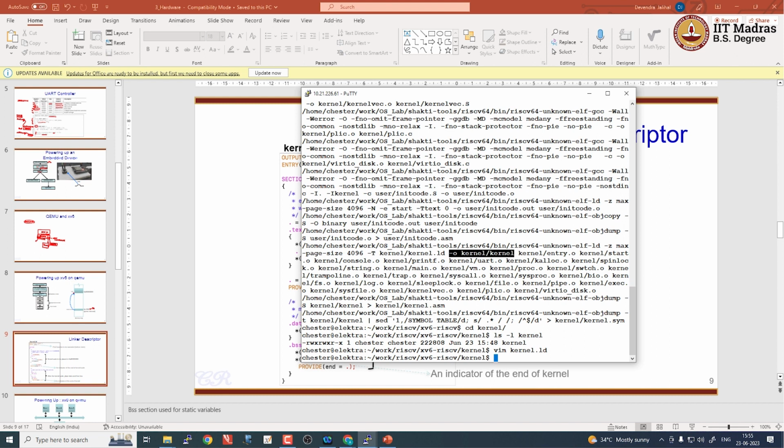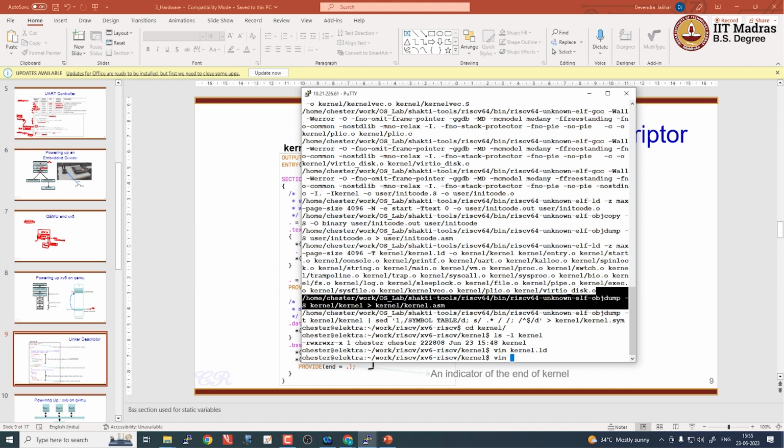The final kernel, built after all of this compilation process, is stored in this file called kernel. If I look at the contents of this kernel, I could look at the instructions present in the file called kernel.asm.